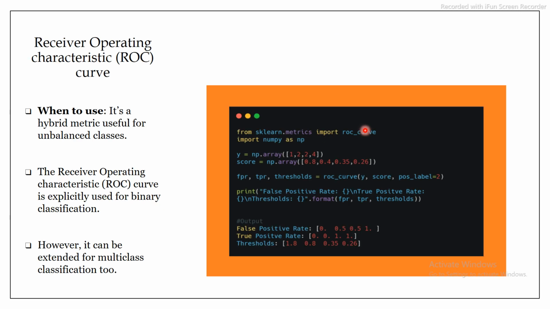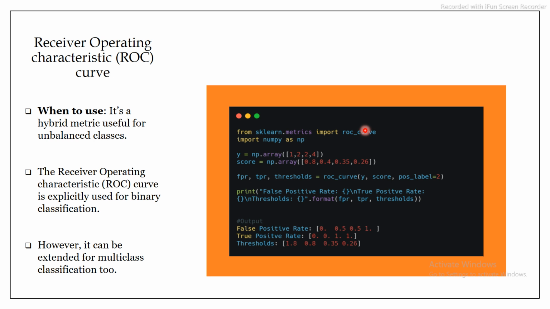When are you going to use this AUC curve or ROC curve? It is used for binary classification, obviously, and it's a useful metric for unbalanced classes. So let's say you have 80-20% class labels in your data set, in that case you look at this ROC curve.